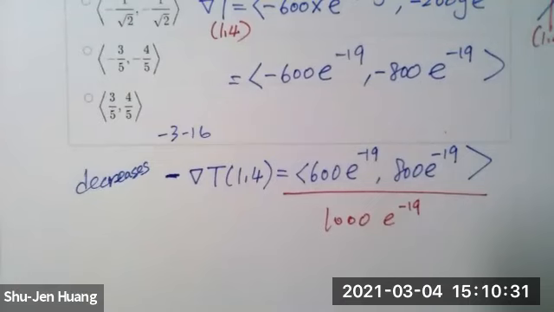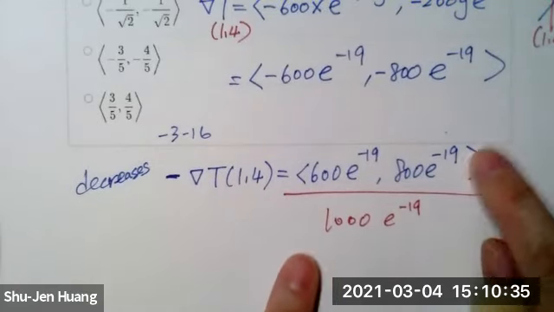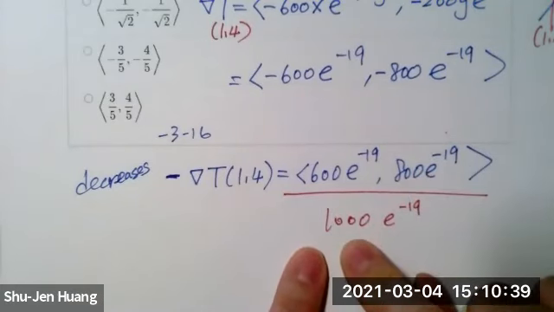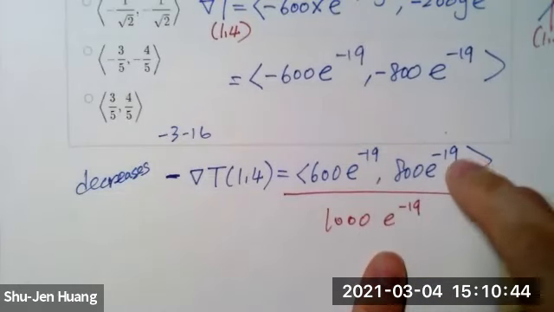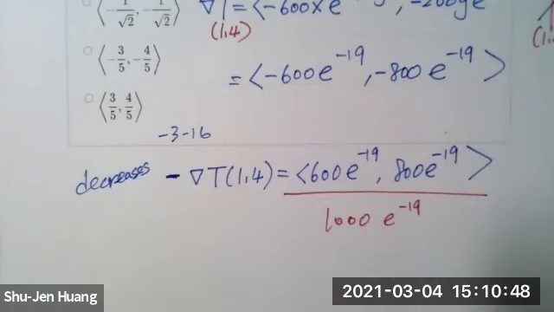Okay, so first of all, you can find the magnitude here: 600, 800, you'll get 1,000. And also you have the exponential e to the power minus 19. So this is the magnitude here.